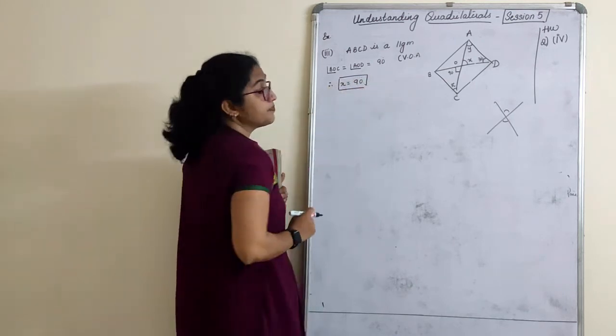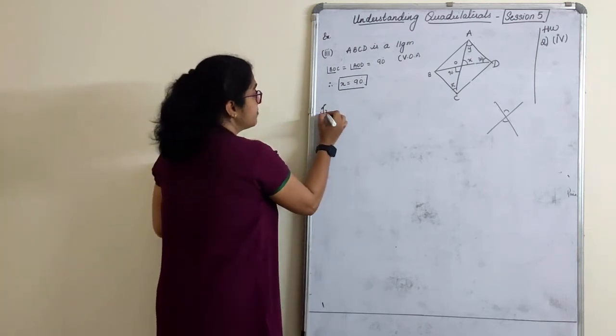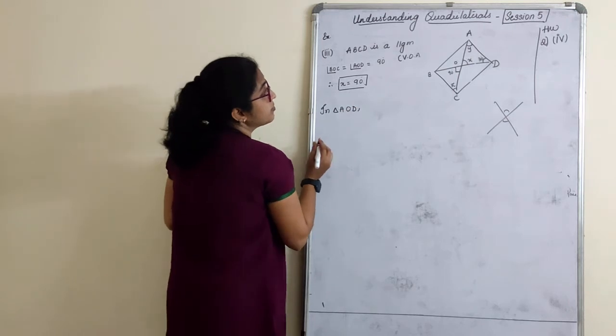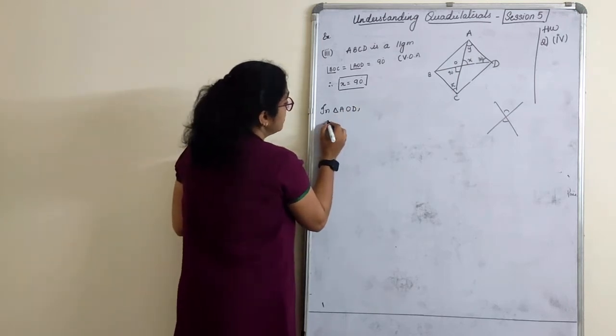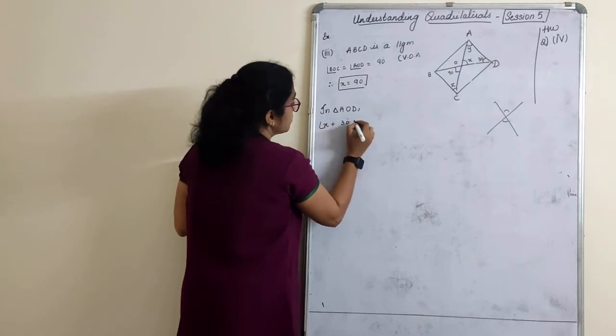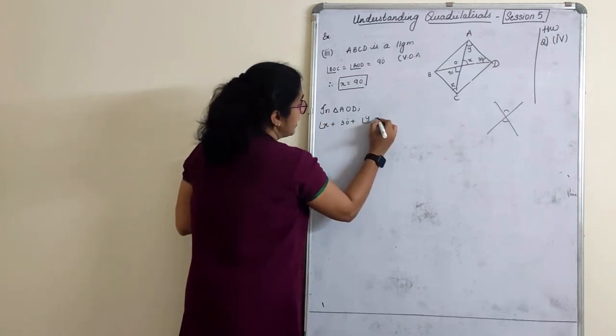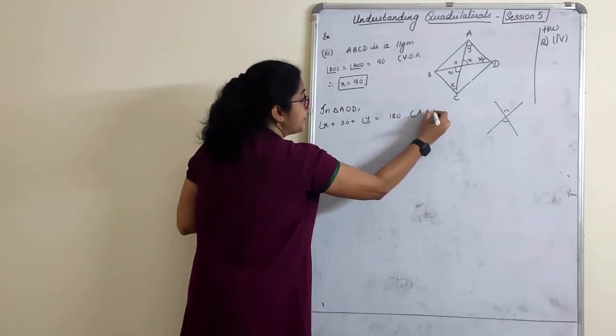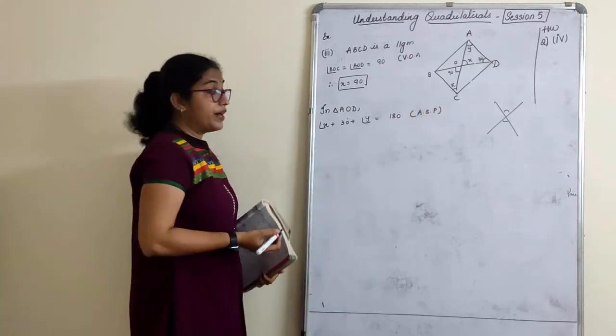X we found out. Next, in triangle AOD, can I say that angle X plus 30 degree plus angle Y is equal to 180? Angle sum property: sum of the angles of a triangle is 180.